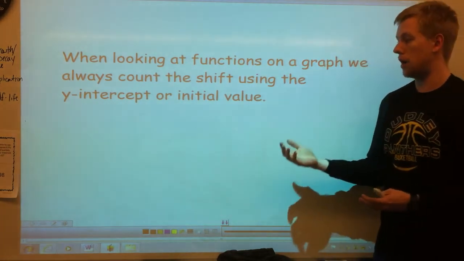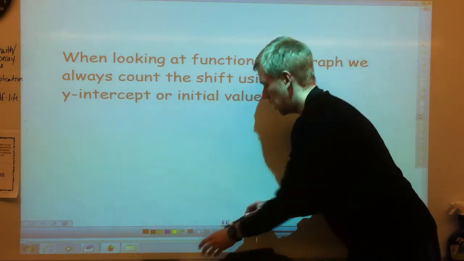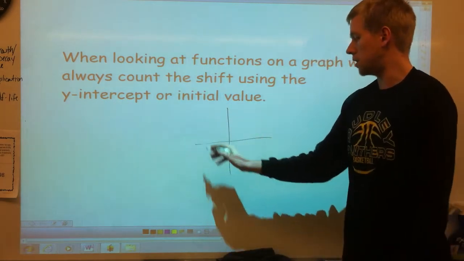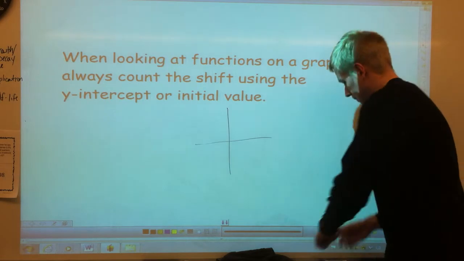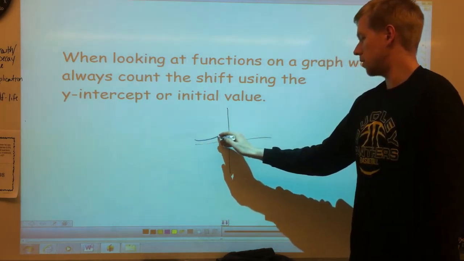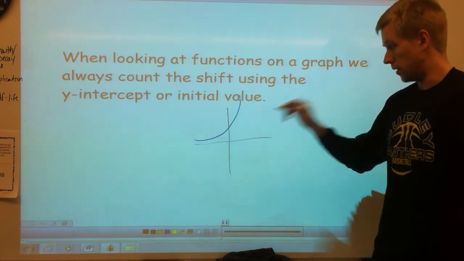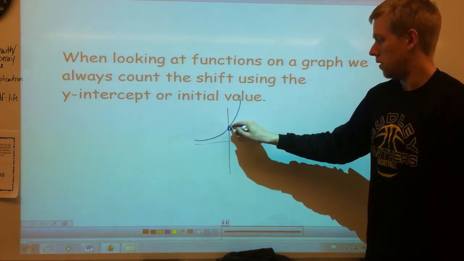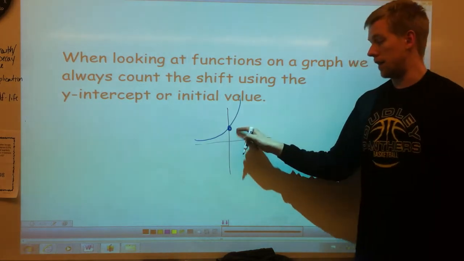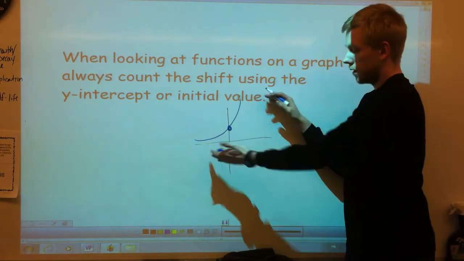Whatever my y-intercept is on a graph, this function in blue is going to cross the y-axis at some point. Right here is where this dot is. That's my y-intercept. From here, that's the parent function. This is the original function.